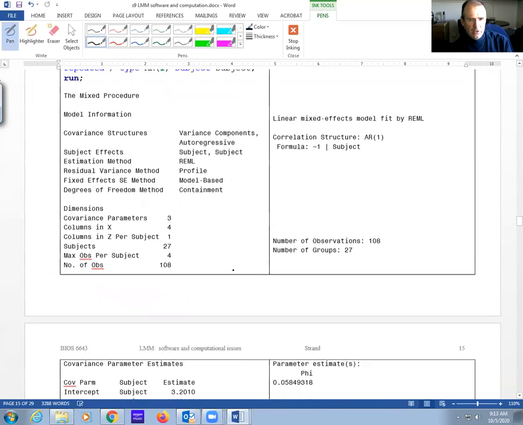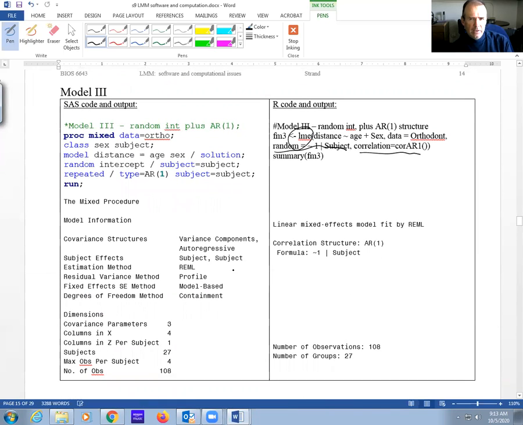This is the one thing I mentioned last time, though, about R: for more complex data sets, this LME function doesn't always seem to yield accurate results, okay?